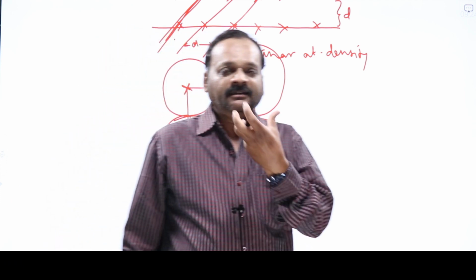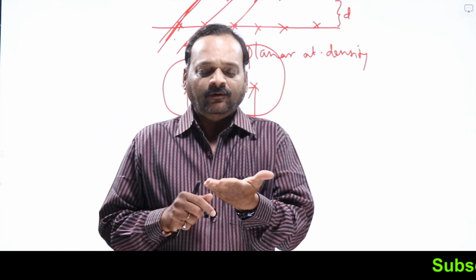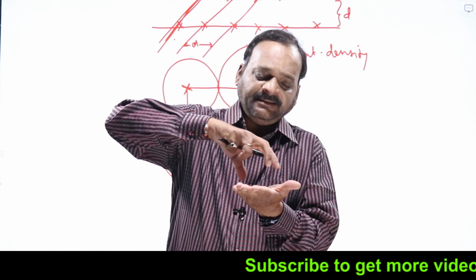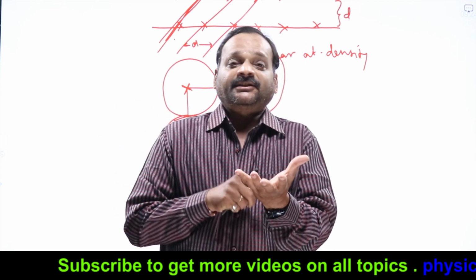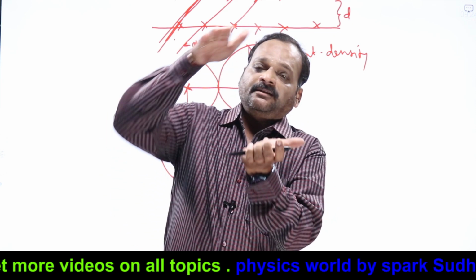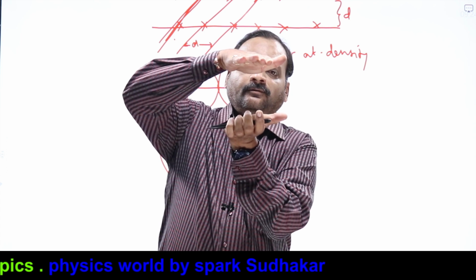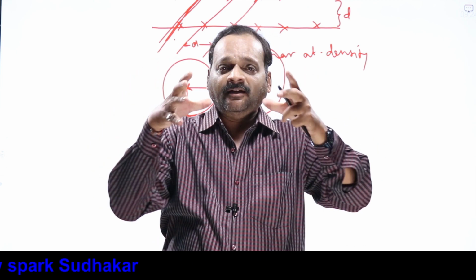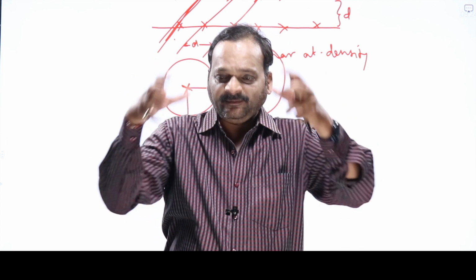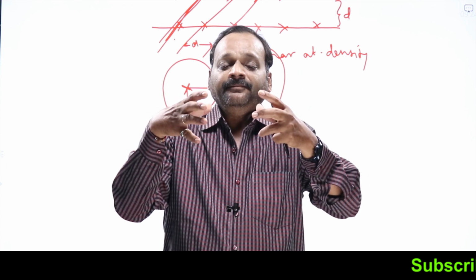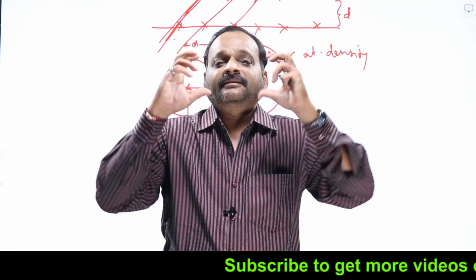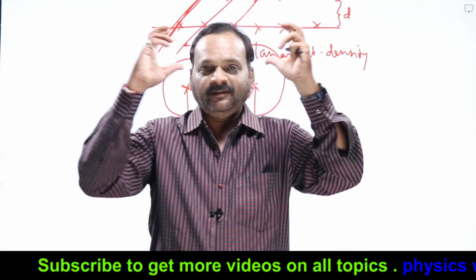How do I visualize a simple cube? You take 4 cricket balls, arrange them in a square, touching each other, and take 4 more cricket balls and put them exactly on top of these 4 balls, such that there will be 8 cricket balls, all touching each other. Adjacent atoms will be touching each other, and if you join their centers, you can imagine a simple cubic unit cell.